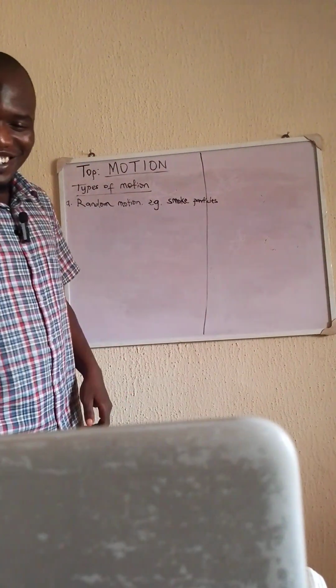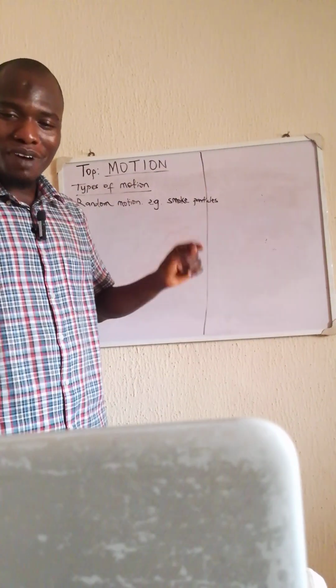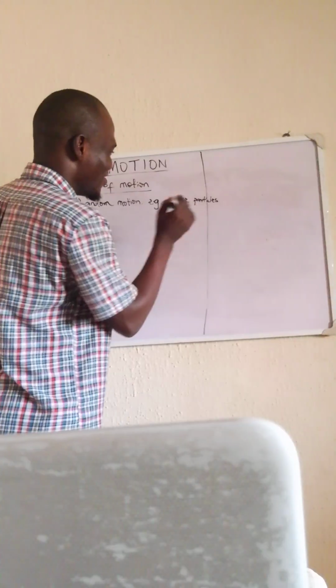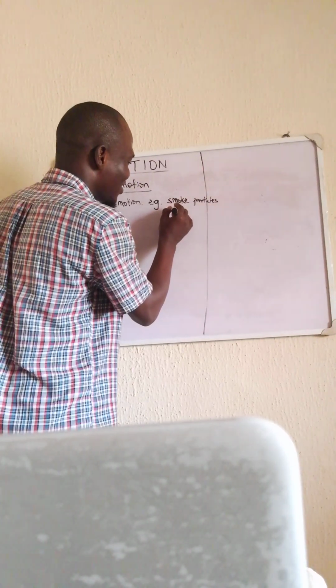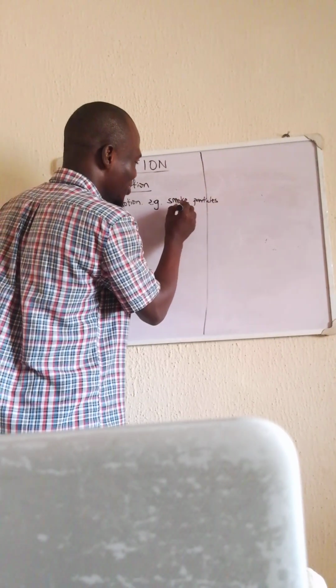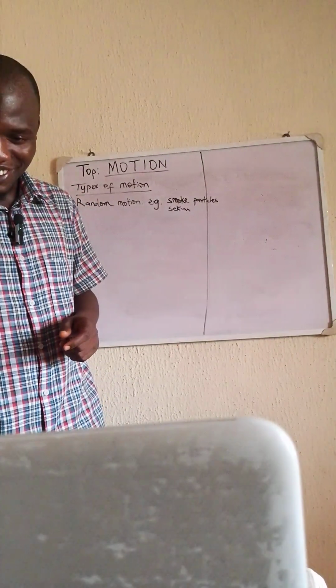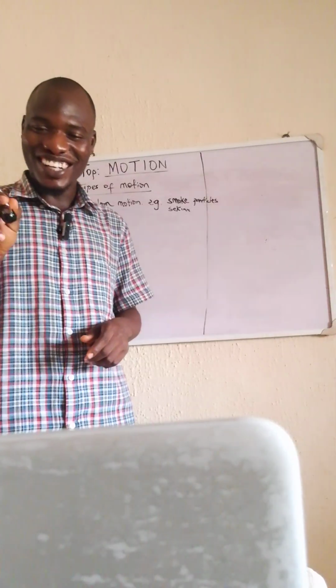And okay, I'm going like this. Actually, it's not all human beings that can do it, but you can do. Let me add your own name there. Sekina can do random motion. Is that okay? Not only you, you can do random motion.